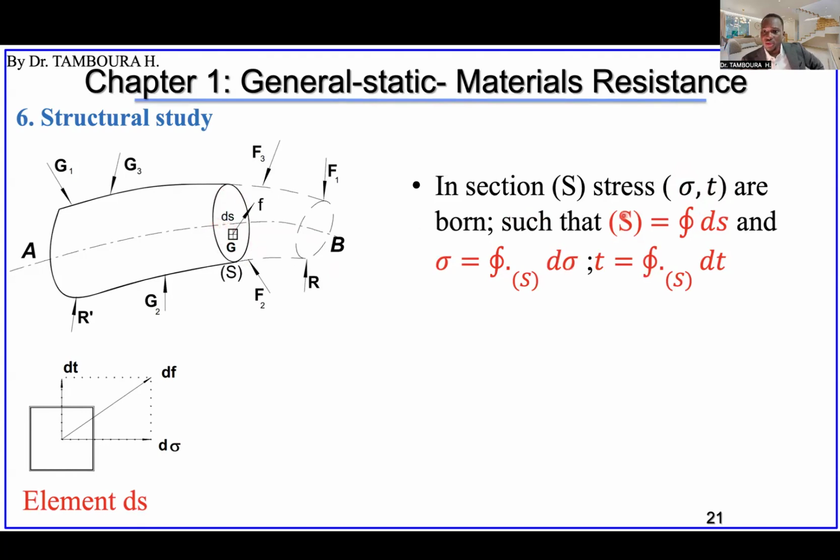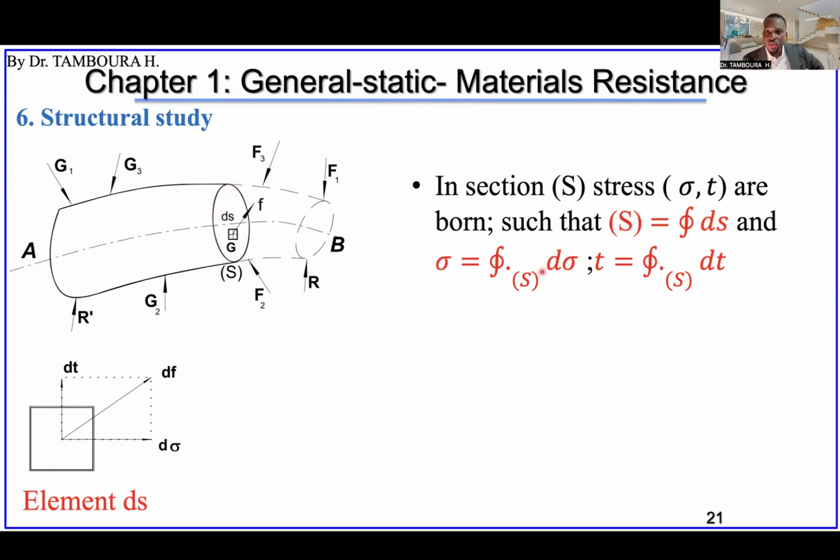In the way that this section, do you know this integral? Contour integral. Okay. ds means just the small element inside. By integrating all the small elements, we can have this section.